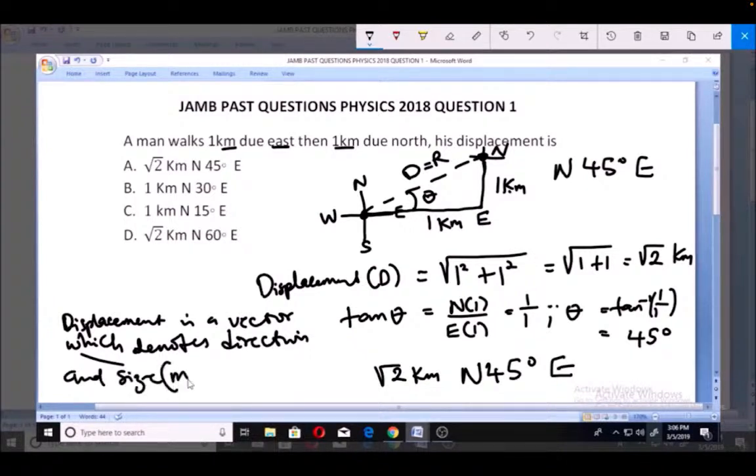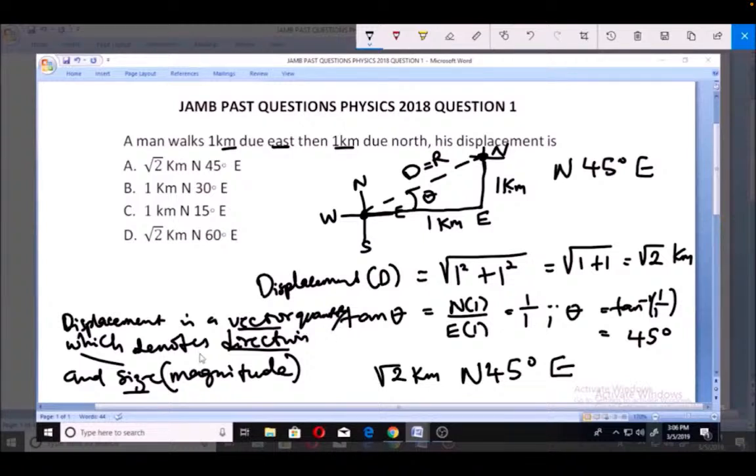Size in this case is the magnitude. So every vector quantity has these two important things. Whenever you say that something is a vector quantity, it must have direction and it must have size. So displacement is a vector quantity.